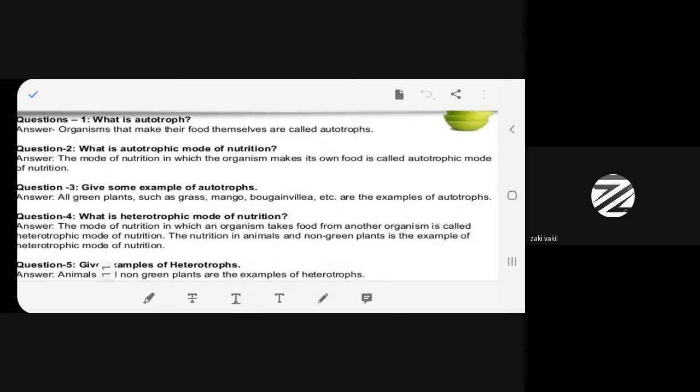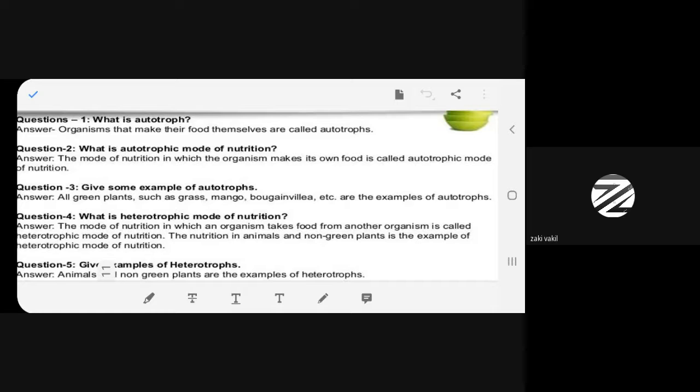Second. What is autotrophic mode of nutrition? Don't shout, please. Answer: the mode of nutrition in which the organism makes its own food is called autotrophic mode of nutrition.